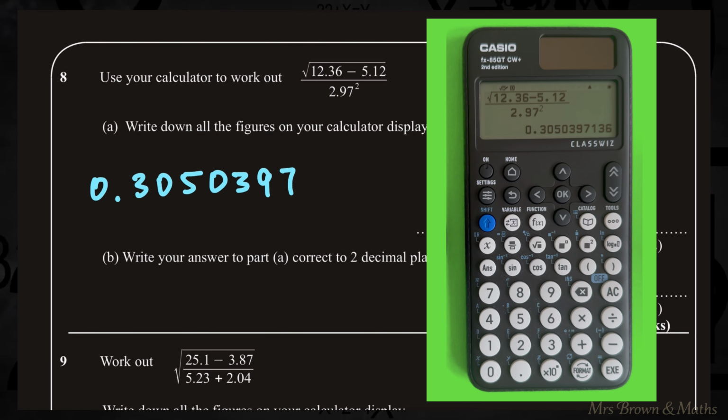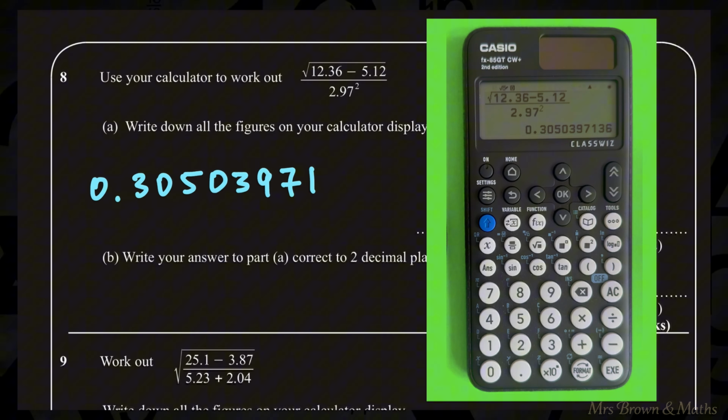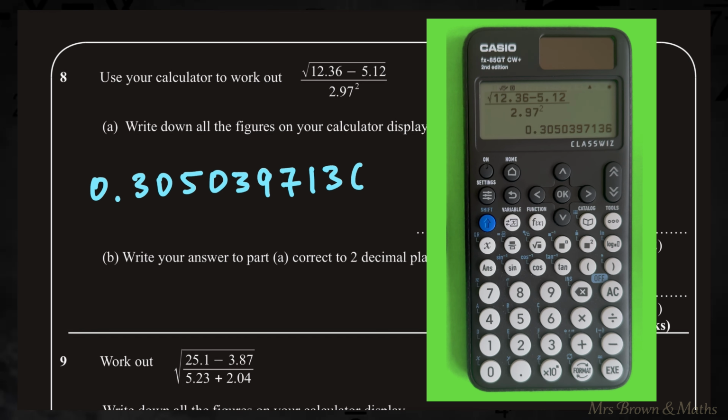We're told, task B, correct two decimal places. Right, two decimal places, 30, but we have to look at the following digit. It is 5, so we have to round up. Final answer is 0.31.